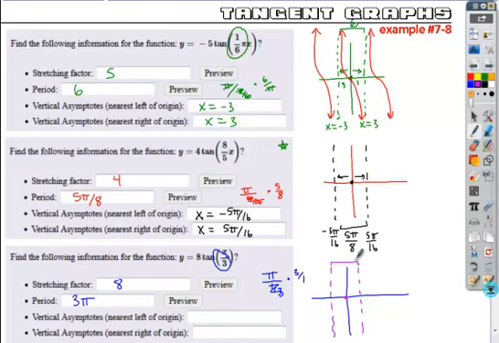If I know that my total period is 3 pi, each of these is going to be half of that, or 3 pi over 2. And so my vertical asymptotes will be x equals, to the left of the origin, negative 3 pi over 2, and to the right, positive 3 pi over 2. And so that is the process that you would look at in working through this.